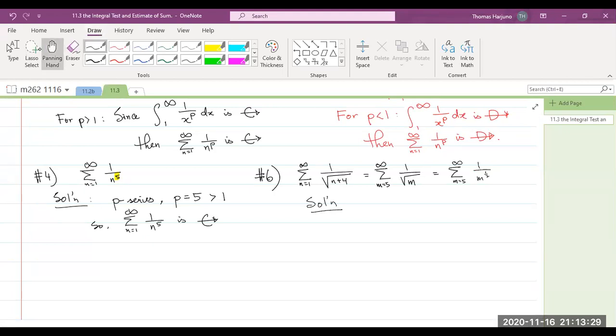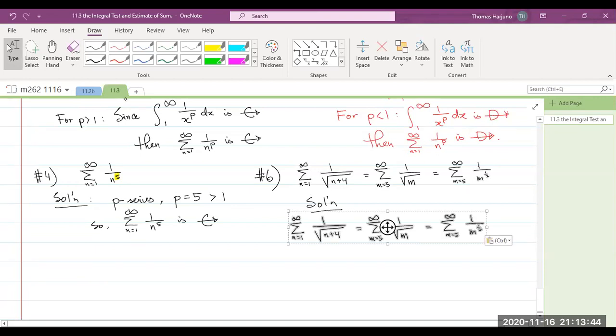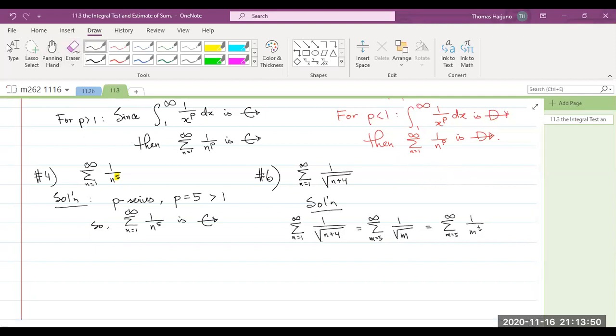Okay, let me copy paste this. So you can argue that this is a P series, P equals 1/2, which is less than 1.